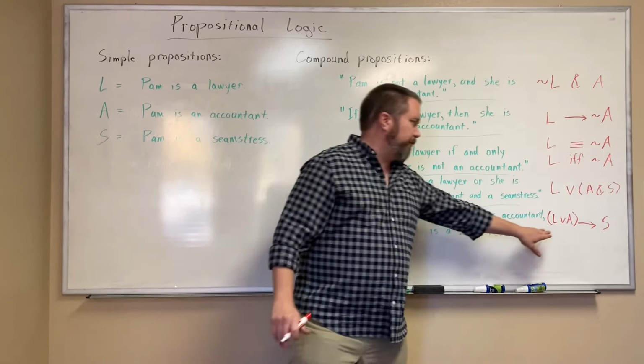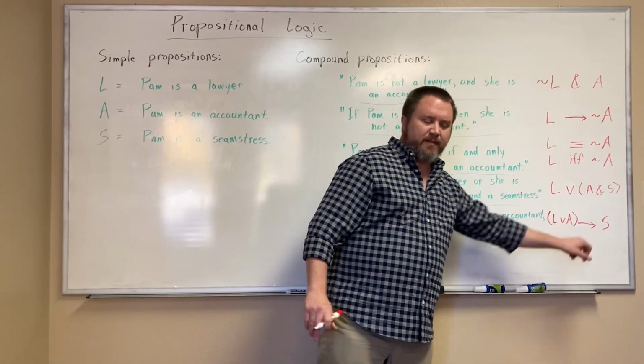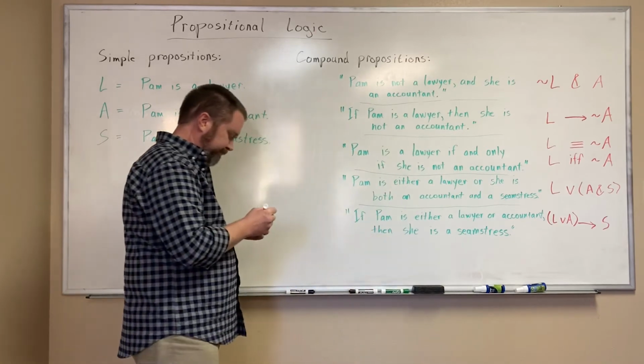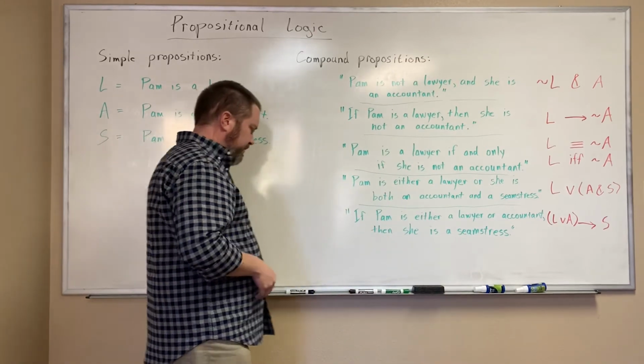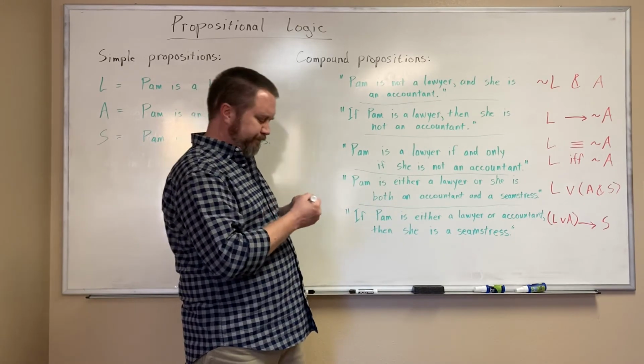So we have to put in the parentheses so that we know that the arrow is the main logical operator. So we'll get into this in further lessons, but I'll just give you a little preview.